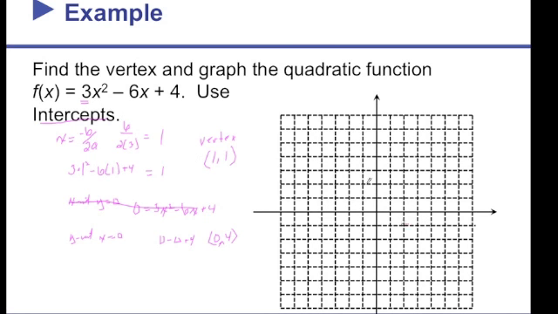So let me number the graph. Vertex is at (1, 1) and it's opening up. You can see it's not going to cross the x-axis. But the y-intercept is (0, 4). Now you notice we have an axis of symmetry, which would be right here, and they fold and they match up.